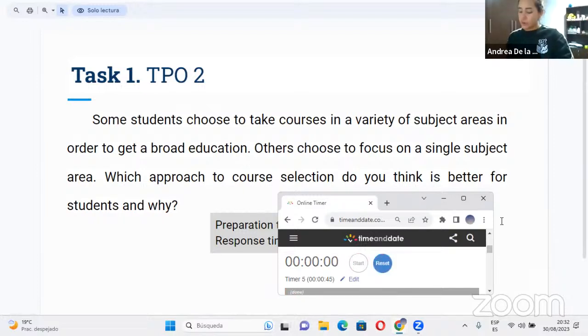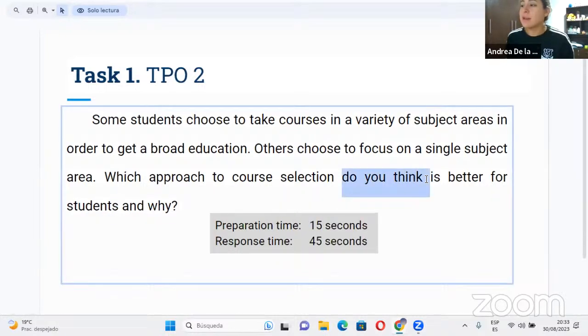Okay, thank you very much. It was a great try. Don't worry, it was your first try, and it was actually really good to be your first. So, some comments that I can make. First of all, careful with the way that you're starting your introduction. What you need to do is always take a look at the question. The question says, which approach to course selection do you think is better for students and why? So you need to answer using the same verb as directly as you can.